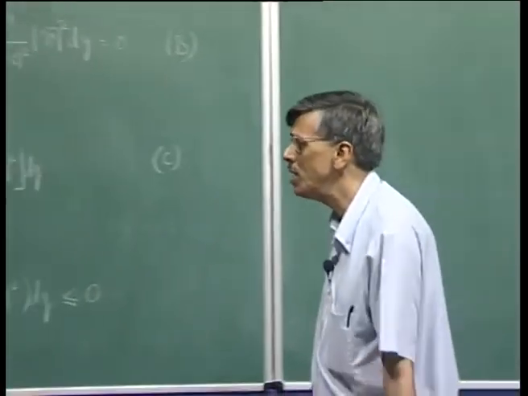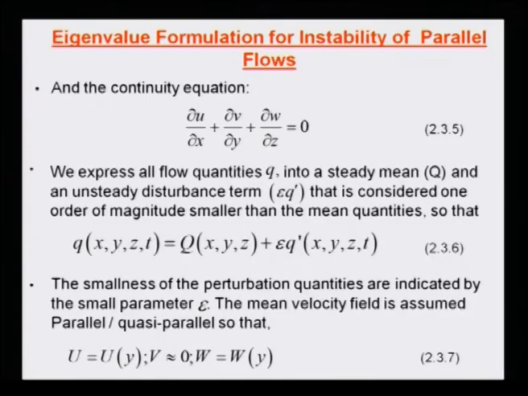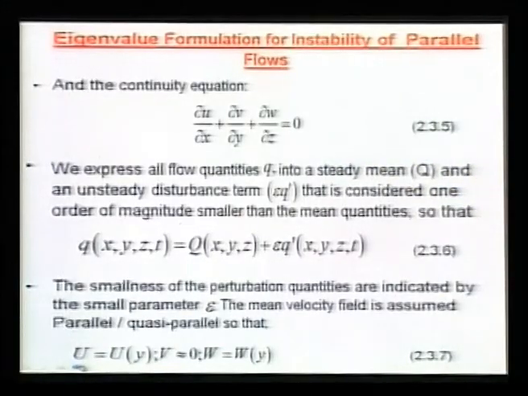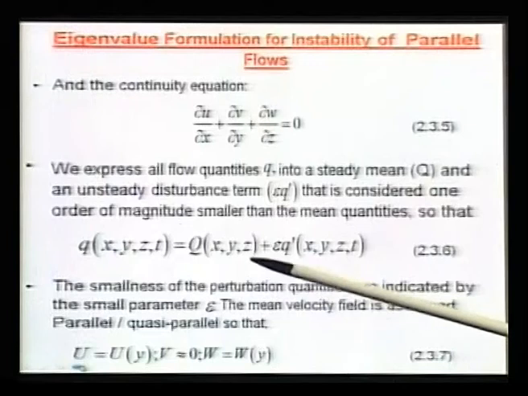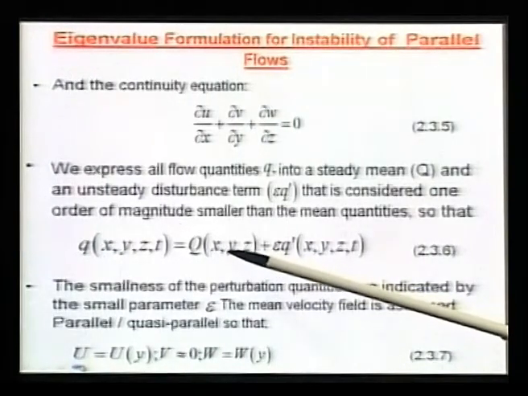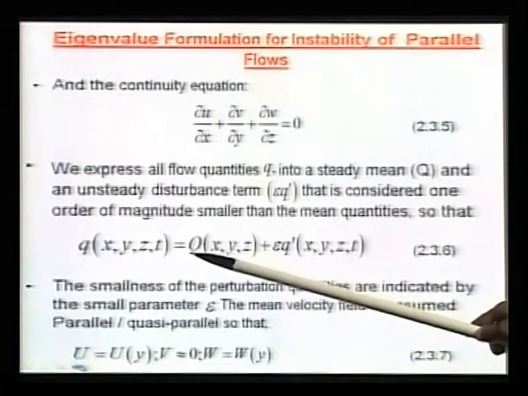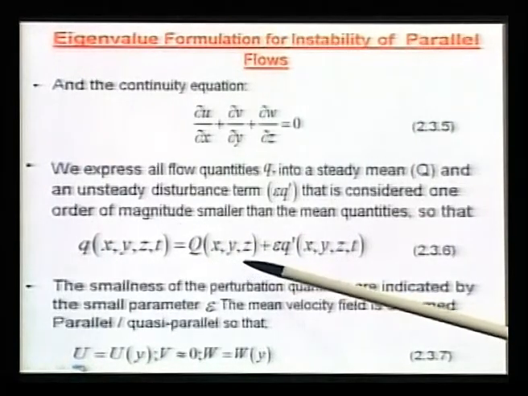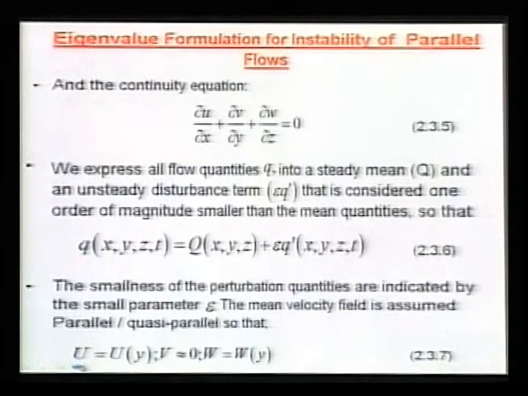So, those three momentum equations ought to be supplemented by the mass conservation equation written like this, and next we define any flow quantity, which I have used as lowercase q, as having a mean flow or the equilibrium flow, which is steady. Okay. So, this capital Q, which defines the equilibrium flow, is a function of space only, not time, whereas all time dependence comes into the disturbance quantities.